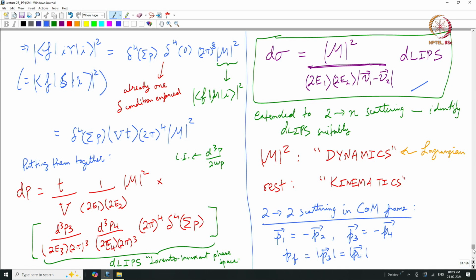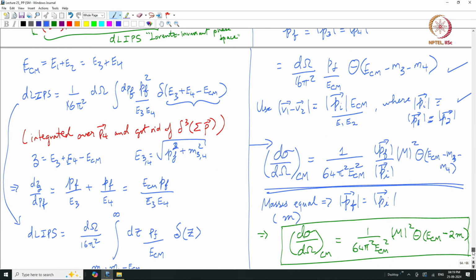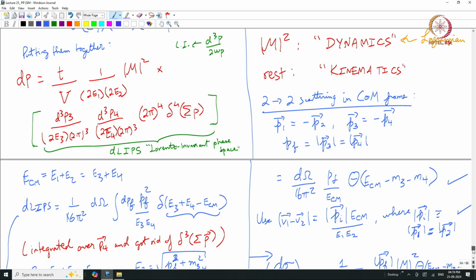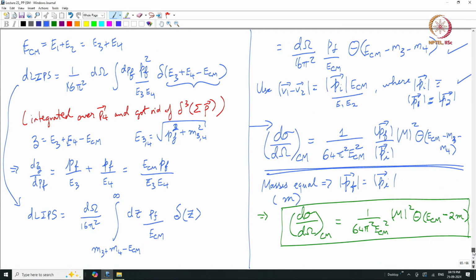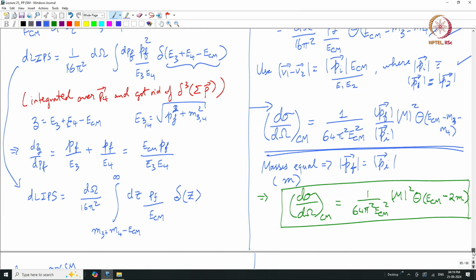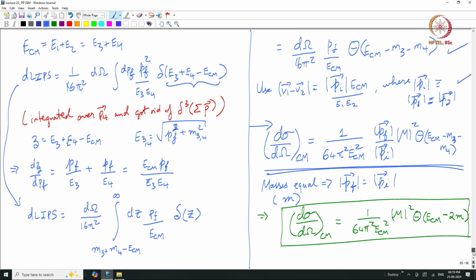And we saw one special case of 2 to 2 scattering in the center of momentum frame, where things simplify. We work this out, we put in all the correct change of variables and all that, and obtain this simplified expression in the end, right, which has all the correct ingredients.